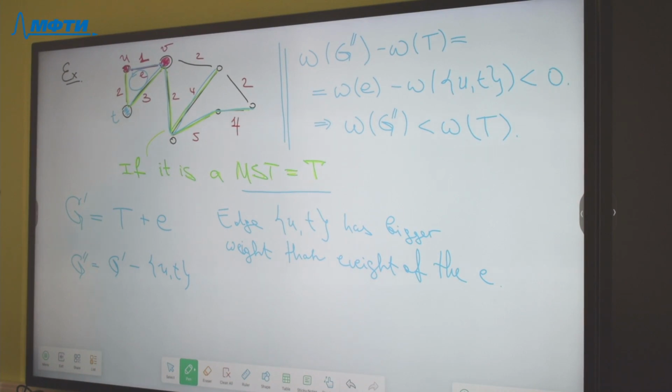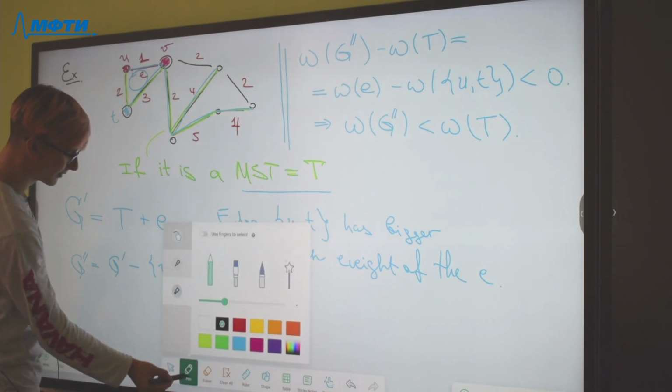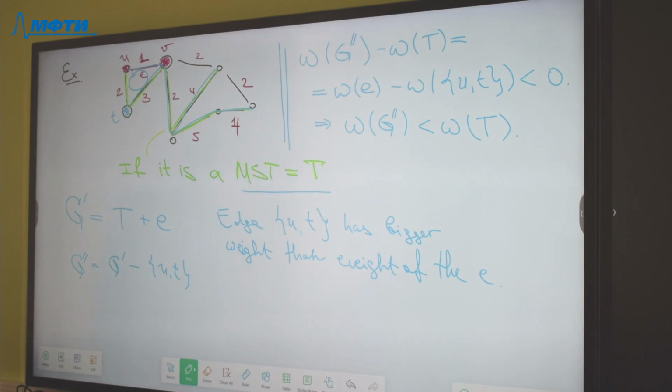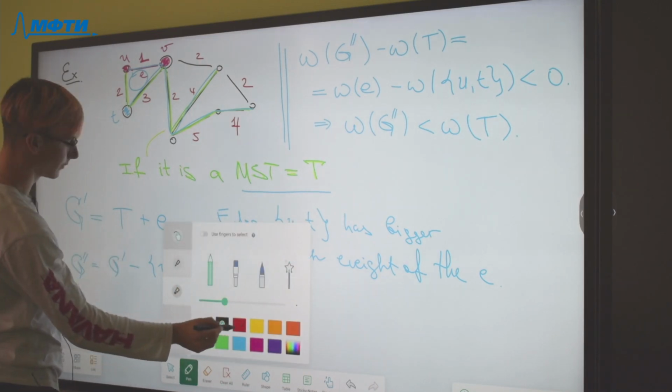It was only an example that if we have a tree without the minimal edge, we can find a tree with smaller weight. And of course, in this graph, from T I try to find, for example, red.